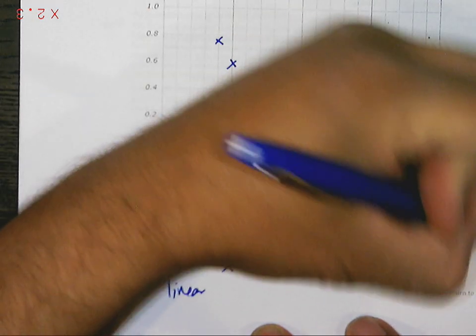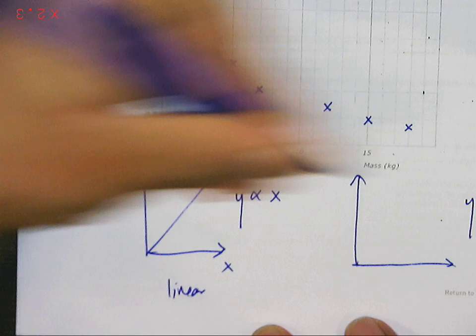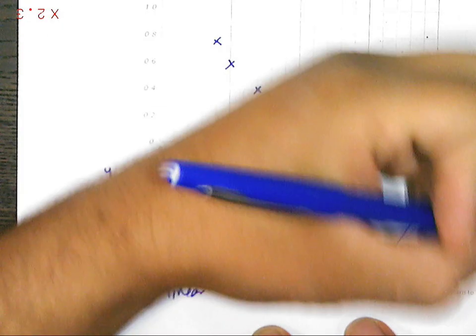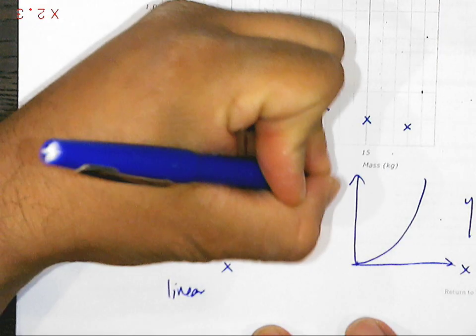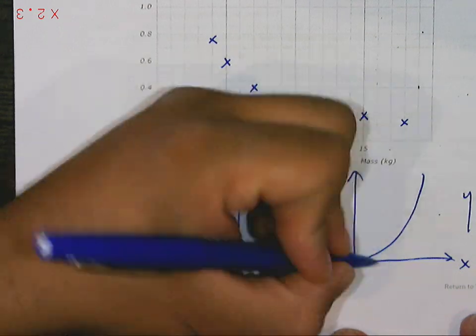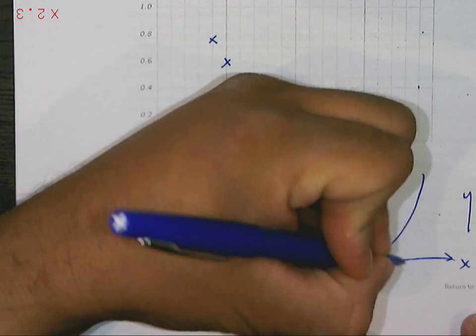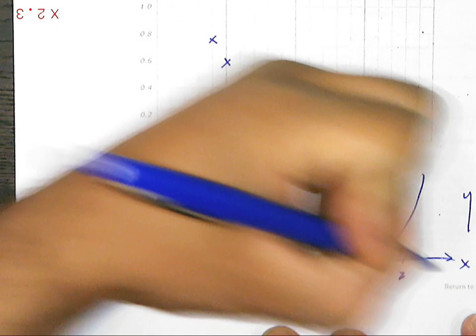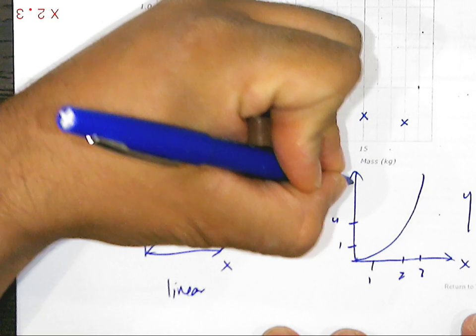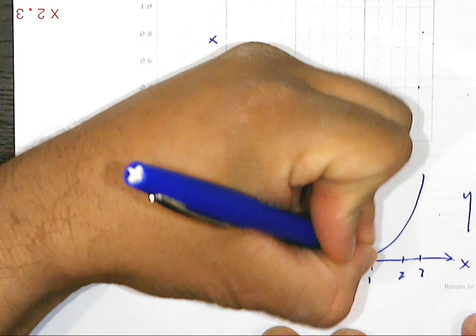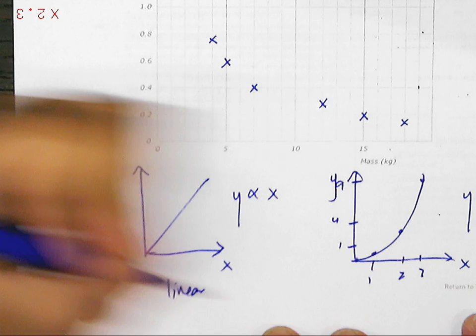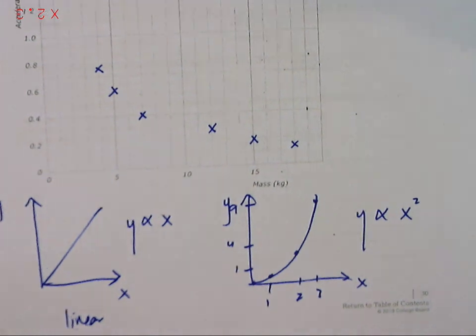In other cases, we've dealt with y proportional to a quadratic, x squared, because at 1 it's 1, at 2 it's 4, at 3 it goes up to 9, on an x squared relationship.